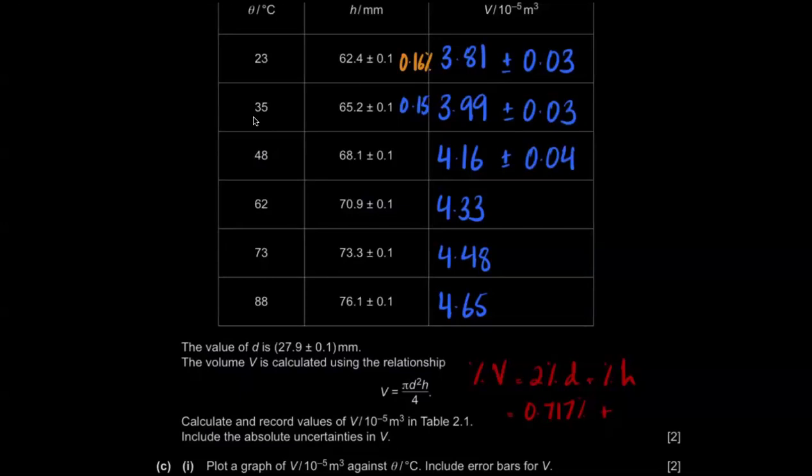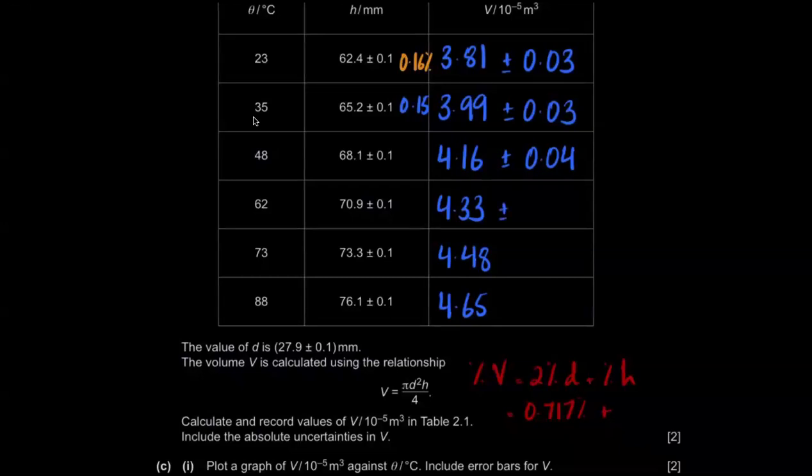Next, 0.1 over 70.9 times 100. Again, now because you guys have the hang of this, I'm doing this all on my calculator. So this percentage that I got, plus 0.717, then I take this percentage of 4.33, turns out to be 0.037.